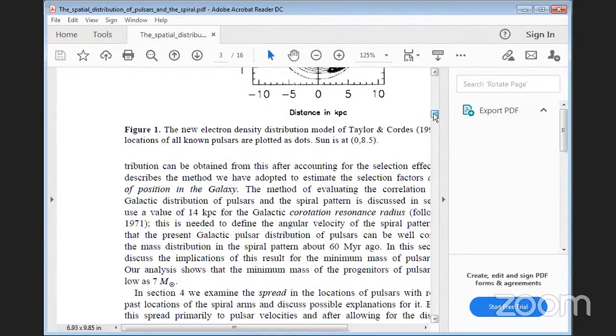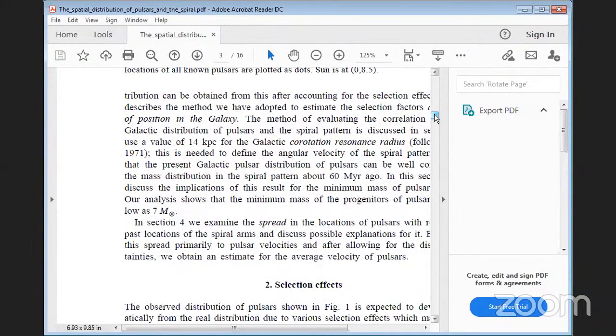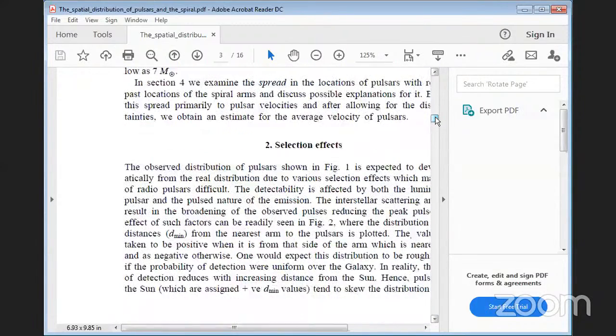And so this is the idea. One takes into account all the rotations that are in play, and also accounts for the selection effects.